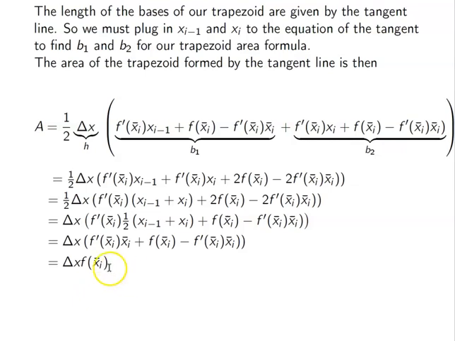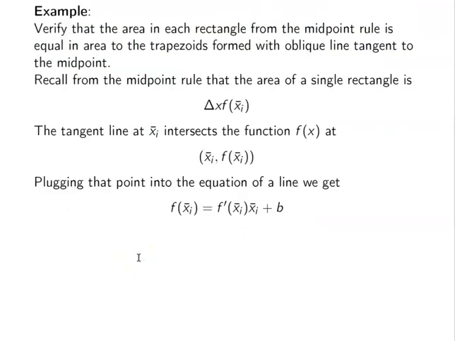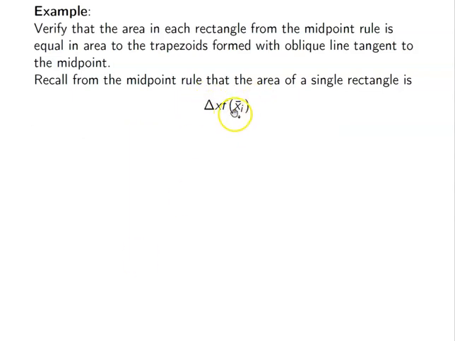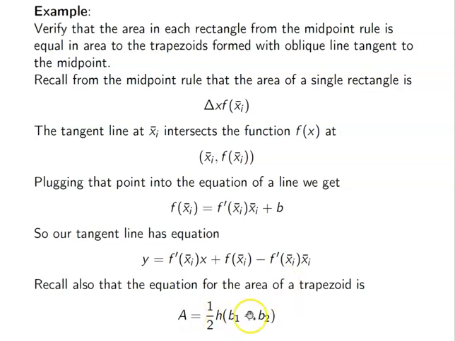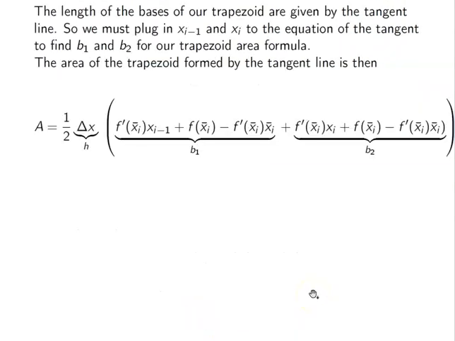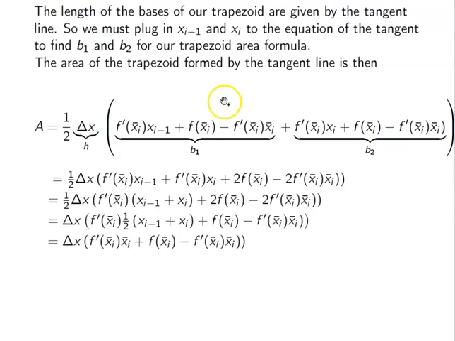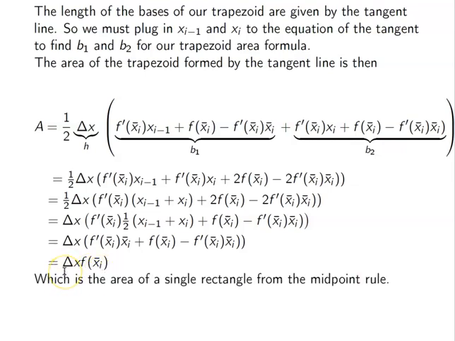What I've shown then is that the area we started off with, the area of a single rectangle from the midpoint formula, and then I found the area using this, the single area from that same rectangle of the trapezoid rule with the tangent line at the midpoint. And when I derived this, I ended up with the same thing I started with, or what I was comparing it to, I should say. So this is the area of a single rectangle from the midpoint rule.